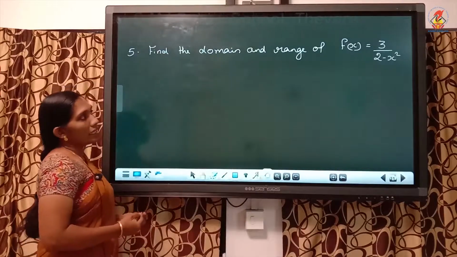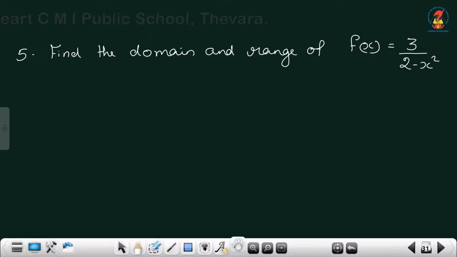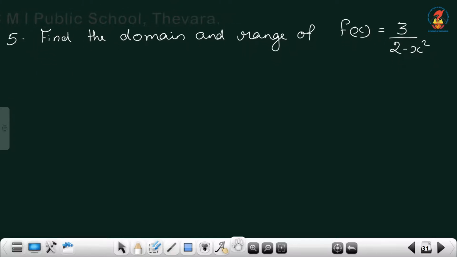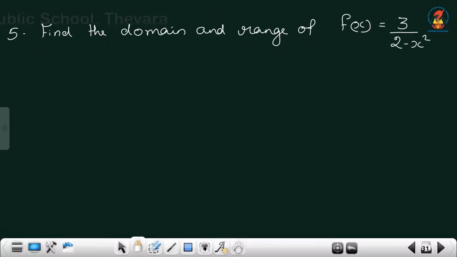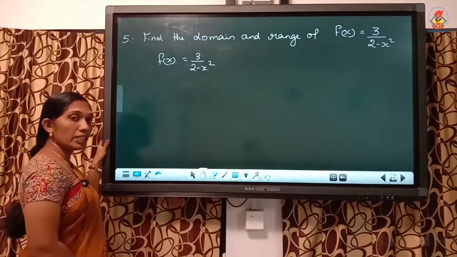Find the domain and range of f of x is equal to 3 by 2 minus x square. What type of function is this? It is a rational function. For a rational function, how do we find the domain?